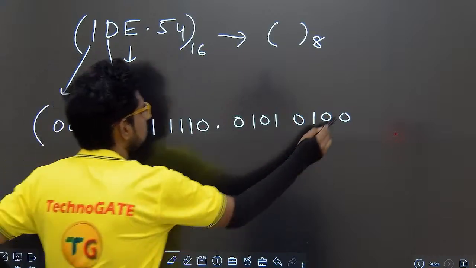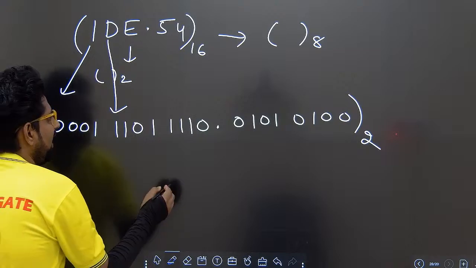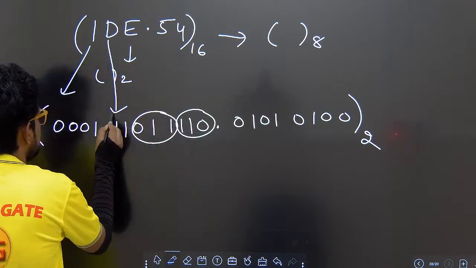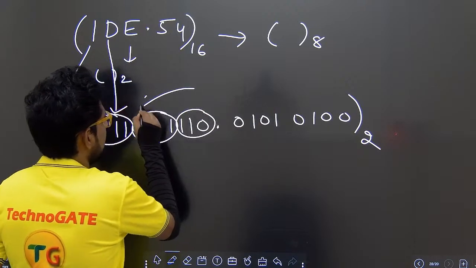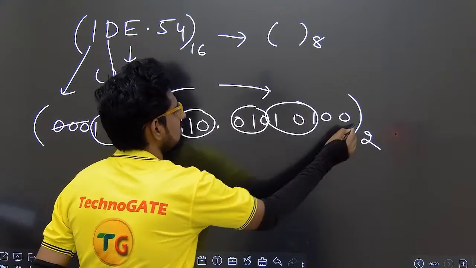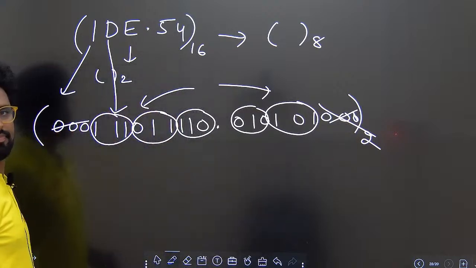This is base 2. Then from this base 2 we need to convert to 8. Base 8 means 3 digits. 3 digits, 3 digits. Anyway, we'll add a 0 on this side, and now this side. 3 digits, 3 digits. Anyway, we'll add a 0.